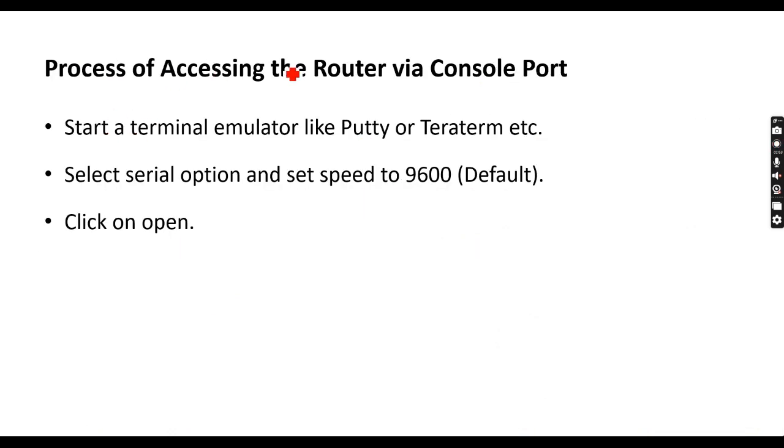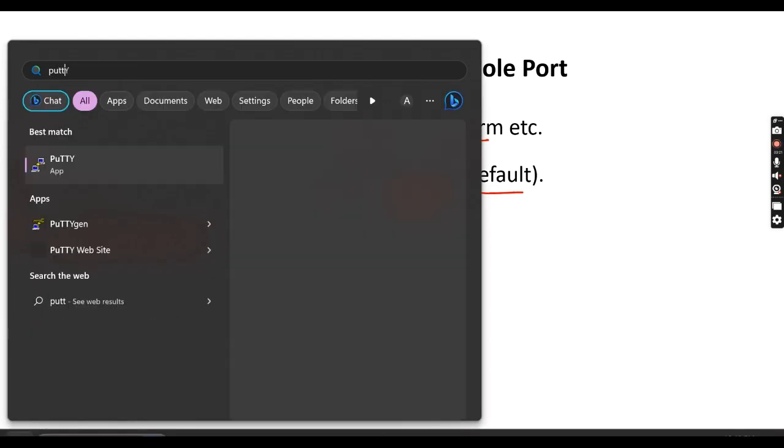This is the process when you open your PuTTY application. You need to start PuTTY or maybe Tera Term. Select the serial option, speed as 9600, which is the default, and click on open. Simple. Once your physical connectivity is done, you open PuTTY.